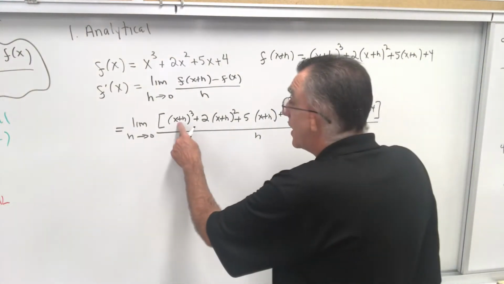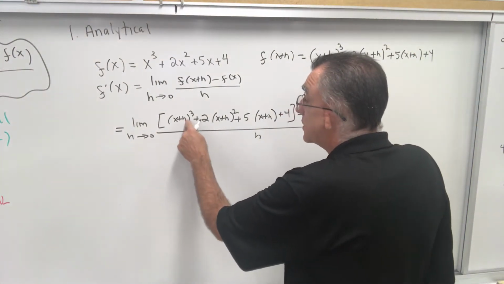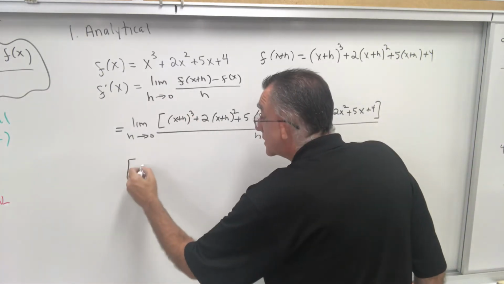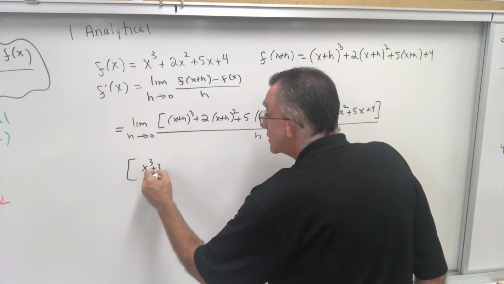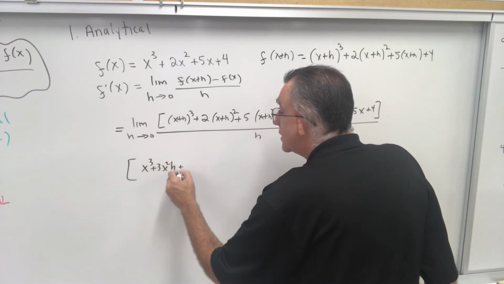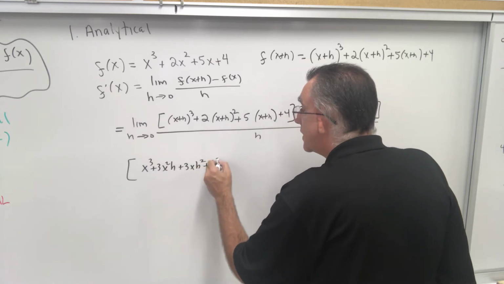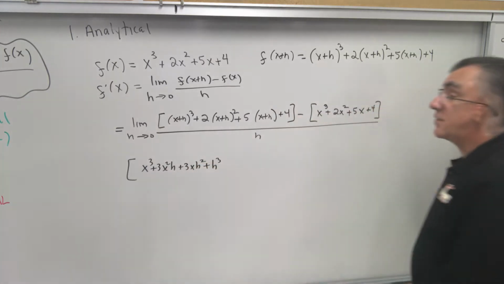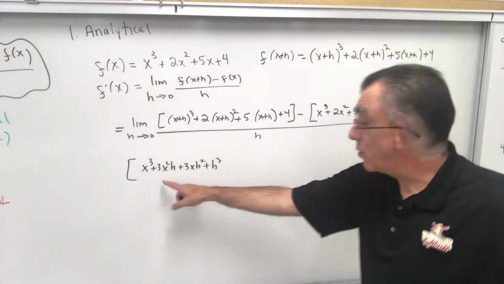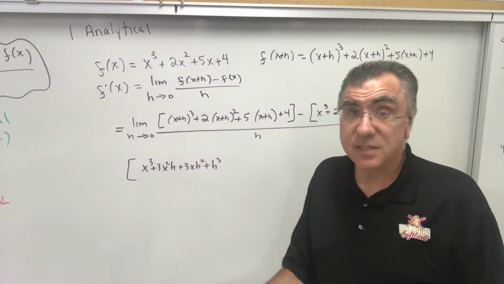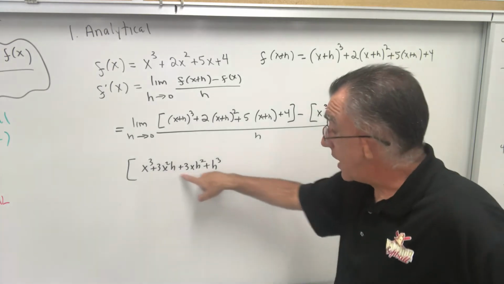I have to FOIL that out, x plus h to the third. That's going to be x to the third plus 3x squared h plus 3x h squared plus h to the third. You can do it by binomial expansion, or by x plus h times x plus h times x plus h, but you have to work that out.